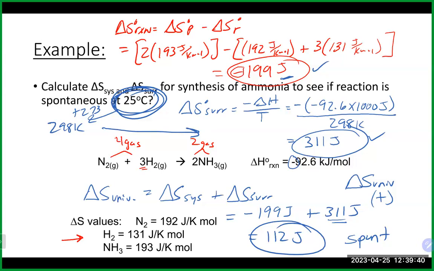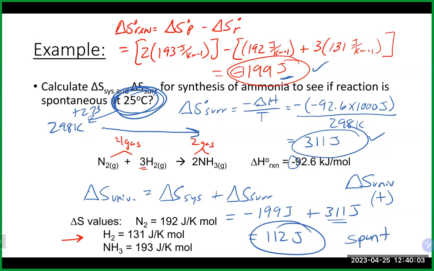This is also a really good example of a reaction that is spontaneous, but can be really slow if you don't put a catalyst in it. So it will occur, but it might take a long time. Again, a reminder that if a reaction is spontaneous, it does not necessarily mean that it occurs really fast. It just means that it should occur.